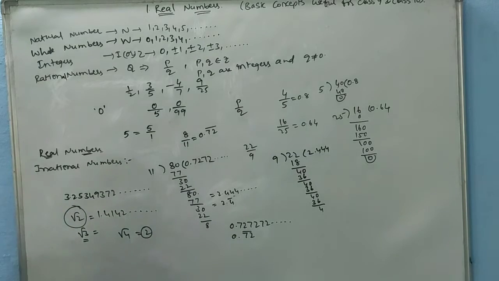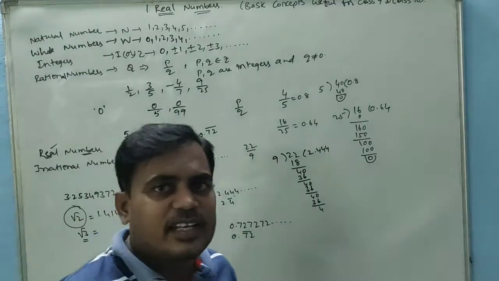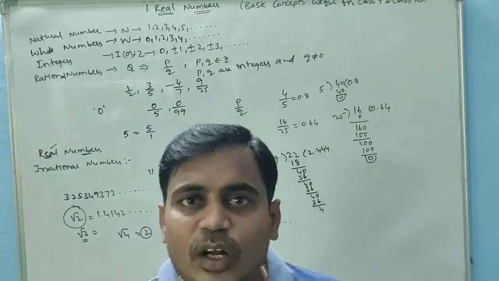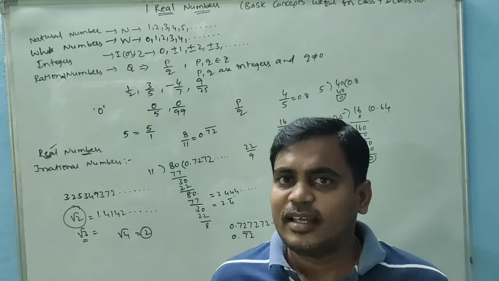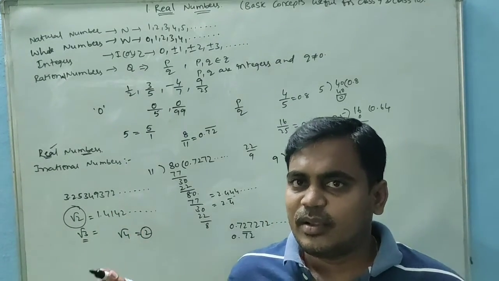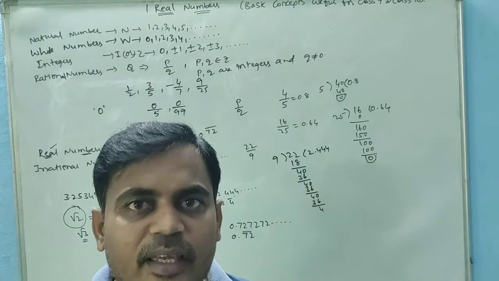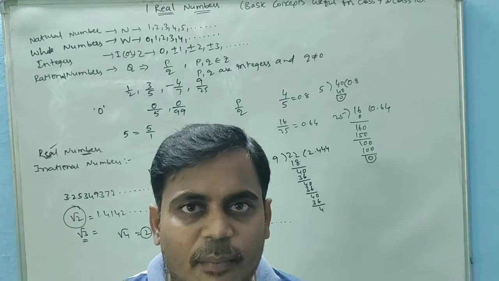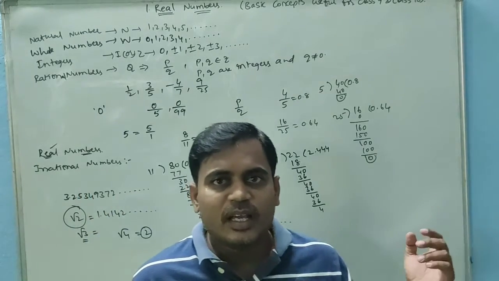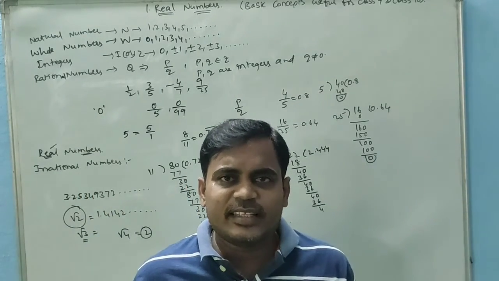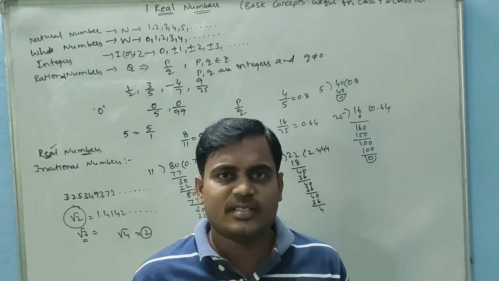The collection of rational and irrational numbers together is called the real numbers set. Next, between any two real numbers there exist infinitely many real numbers. Between any two rational numbers there exist infinitely many rational numbers.